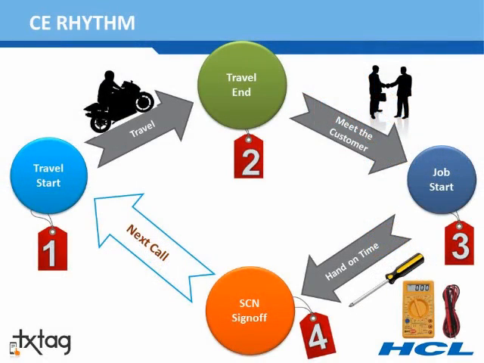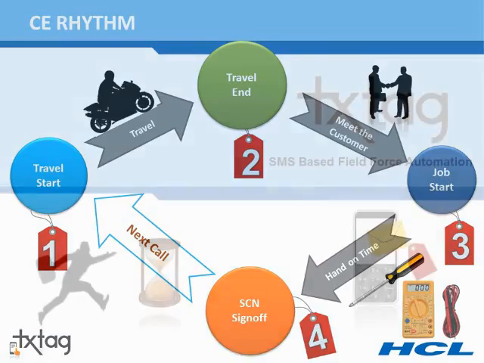Every time you start your travel, you send an SMS. Every time you end your travel, you send another SMS. Once you start your job, you send a third SMS. Once you get the SCN signed off, you send a fourth SMS. It's a discipline. You have to develop this habit, and once it becomes your habit, it is like your electronic diary. You are going to have a record of all the calls.